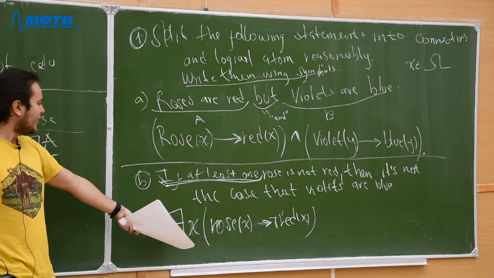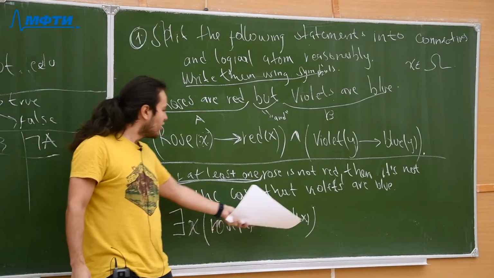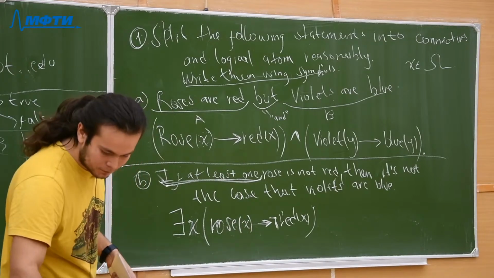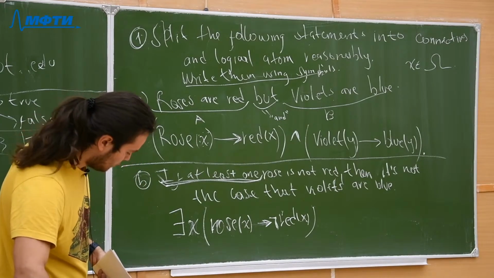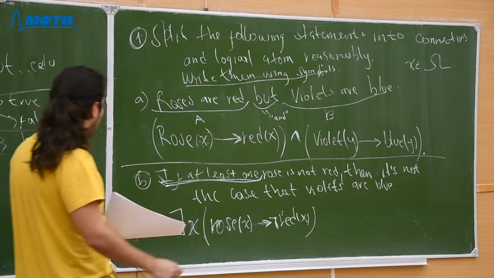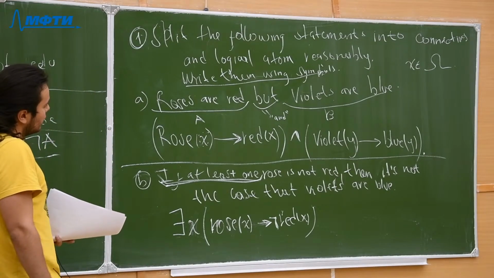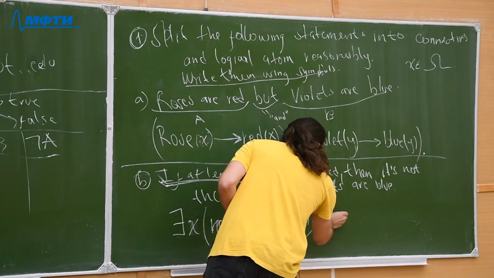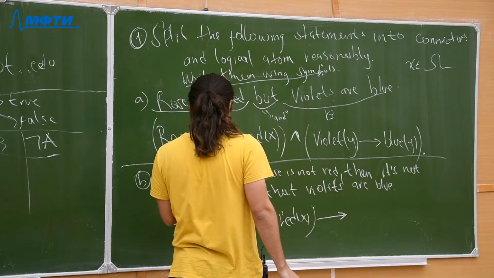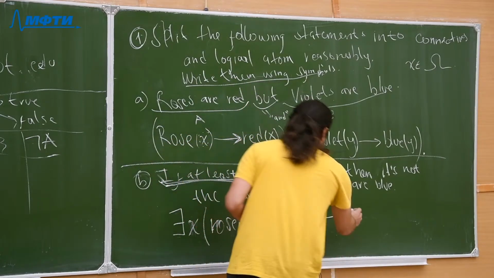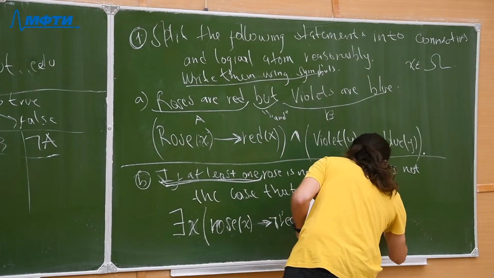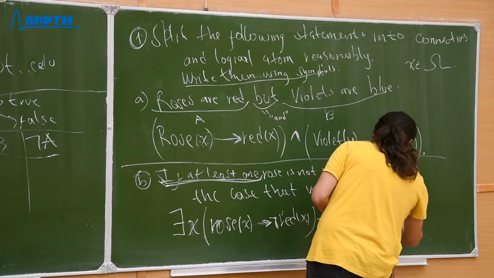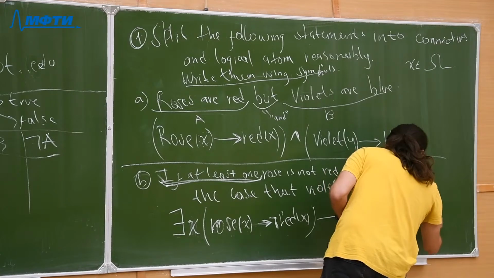So if at least one rose is not red, then it's not the case that violets are blue. Then it's not the case. So violets, again, now x are blue.